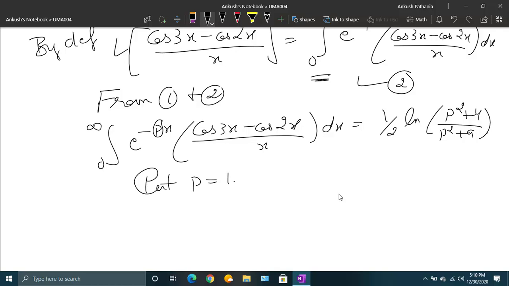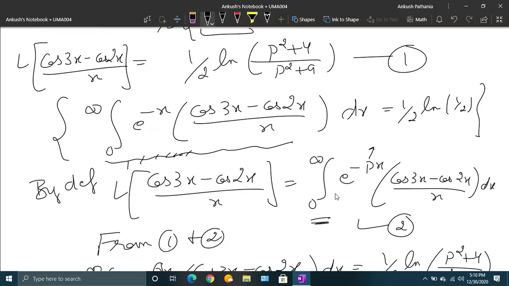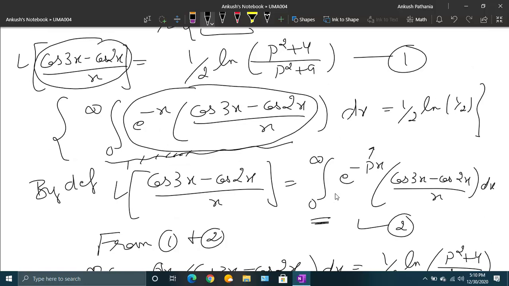Now see, in case I had extended this question, if I had taken f(x) as this full function, then I would have to do one more step: take the Laplace of e raised to power minus x times this one, and here p will be replaced by (p plus 1) whole square.